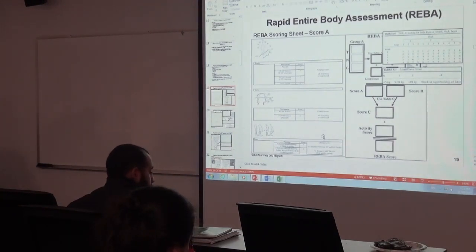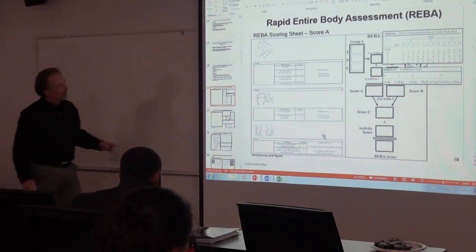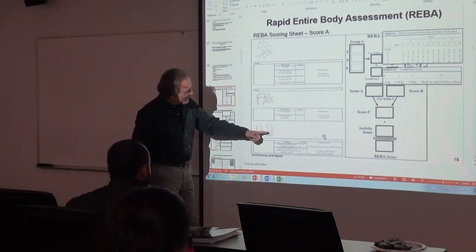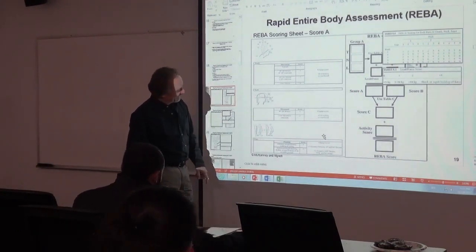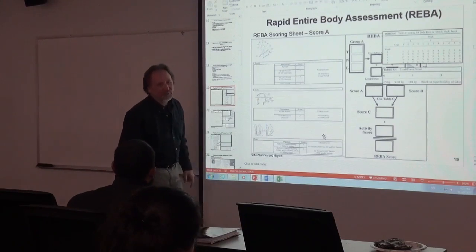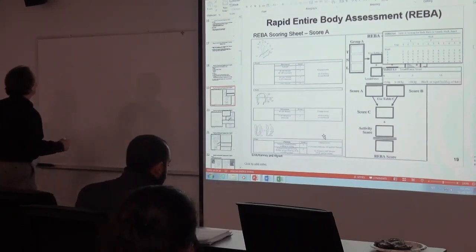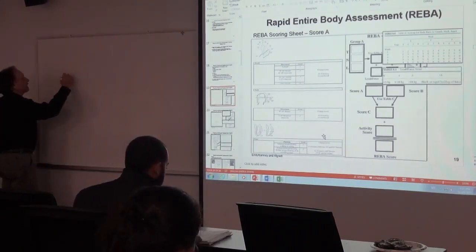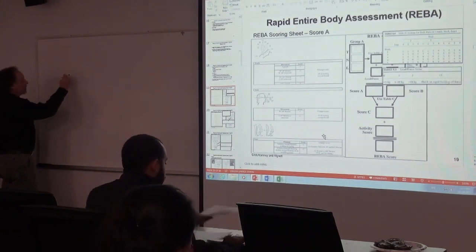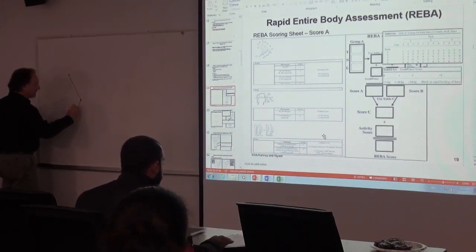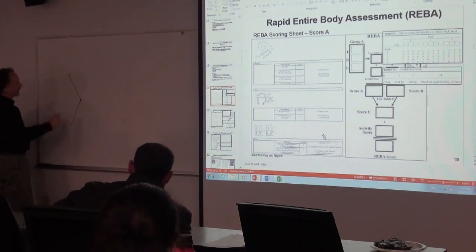Okay, so this is the angle between the thigh segment and the lower leg segment. Okay, that's the angle that we're looking for there. So you have, here's the hip, knee, and ankle.